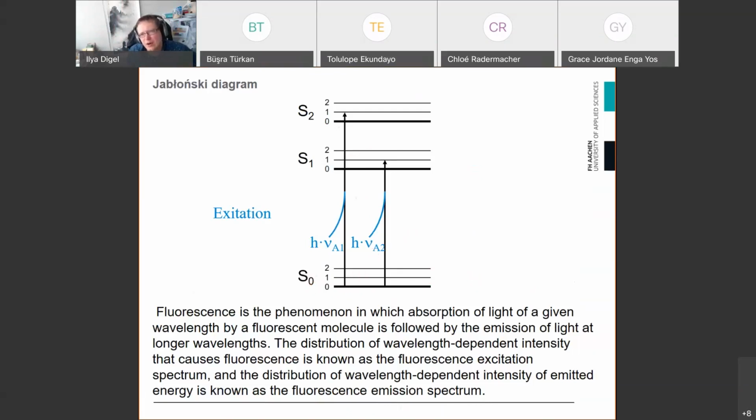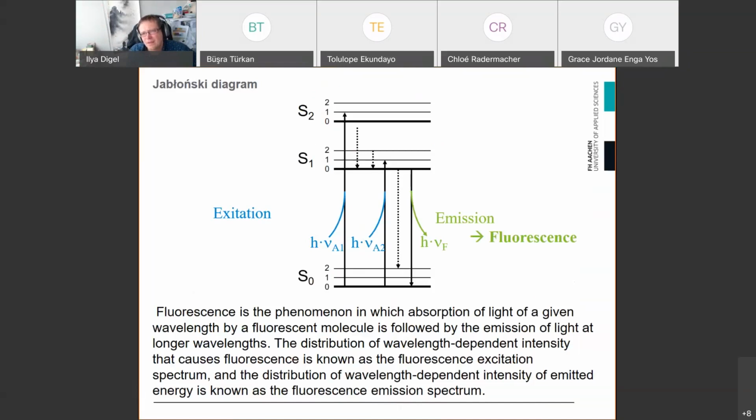Now we are on the next levels, S1 and S2, and the event that we see here is called absorbance, or absorption, right? This is the moment where the electron absorbs the energy of a photon, and due to this additional energy, it is promoted to the higher energy level.